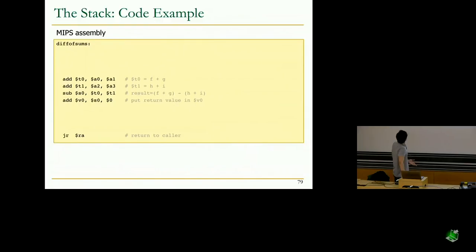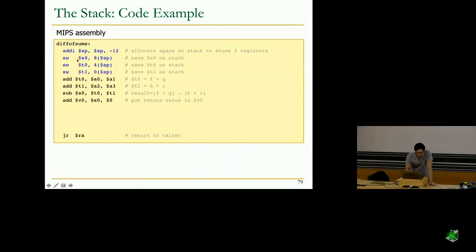So you can see for this, let's say that in this specific function that we presented in the previous slides, we have some registers like T0, T1, S0 that are useful for this function, but maybe they were also in use by the caller function. So the very first thing that we have to do in the beginning of this subroutine is storing the values that we have in S0, T0, and T1 into the stack.